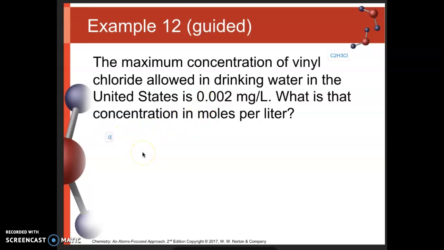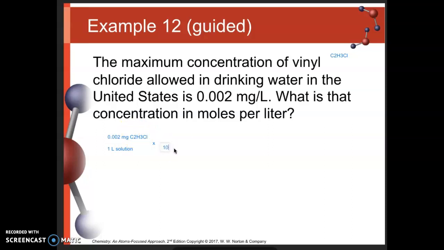So I have 0.002 milligrams of C2H3Cl in 1 liter of solution. And to get to moles per liter, I already have liters in the denominator. I just need to convert the milligrams to moles.